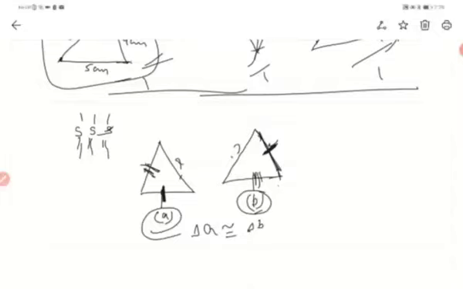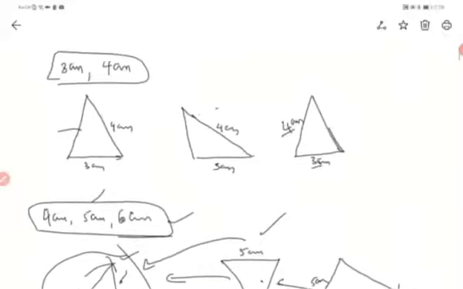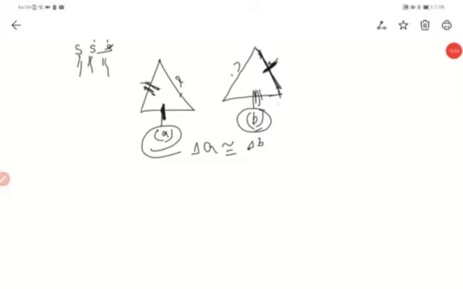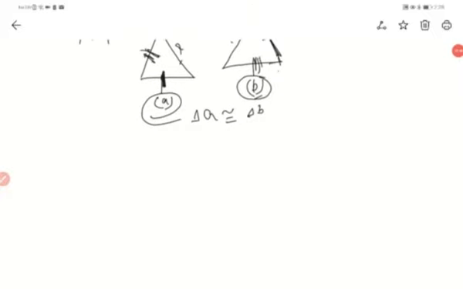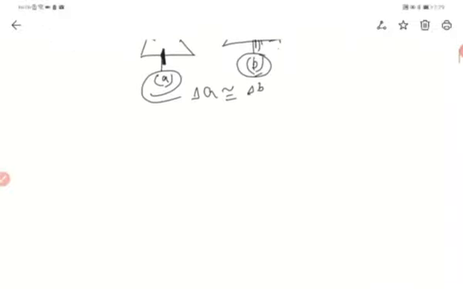All right, I hope this is clear. This was the first criteria for triangle congruency. The second criteria we will do the problems on from your exercise. Now let's see the next criteria.